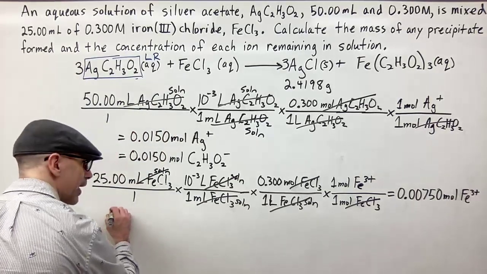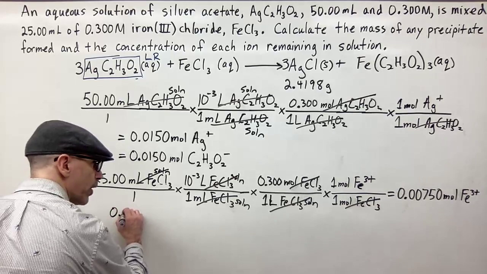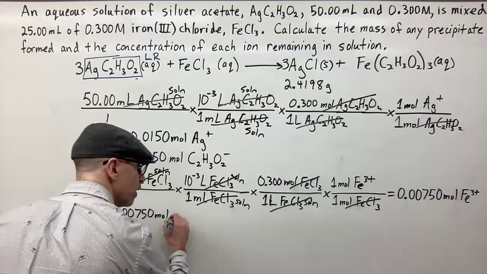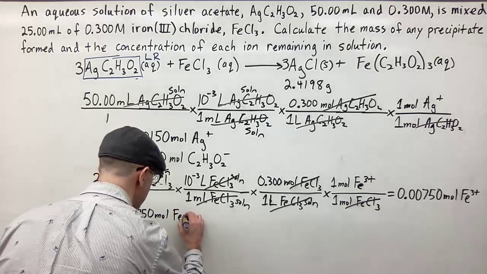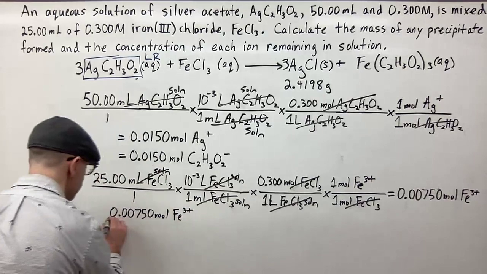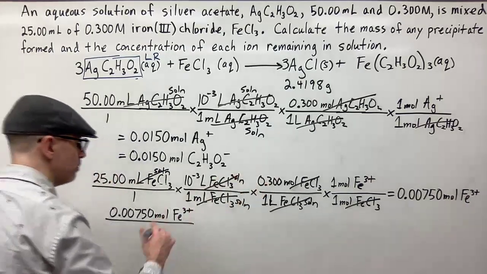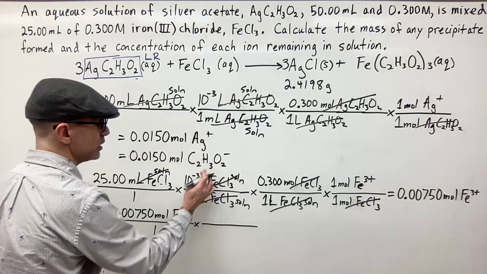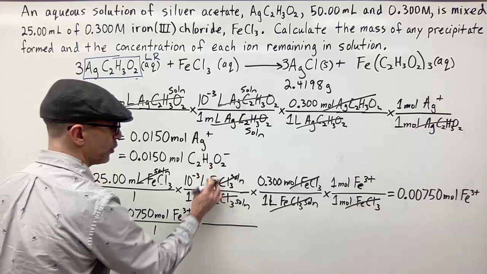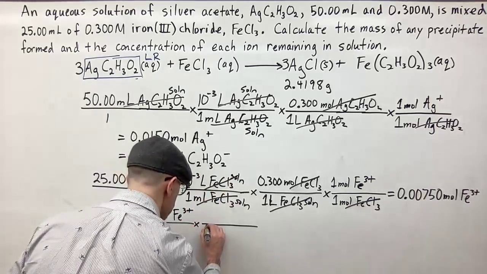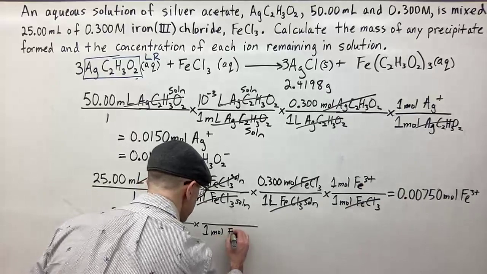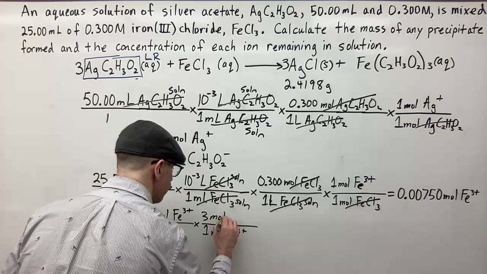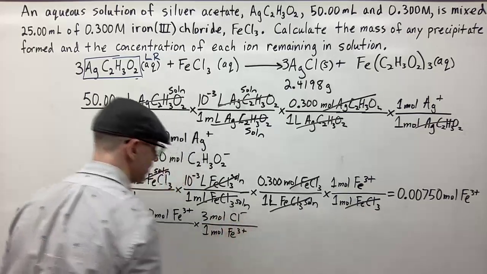So for the chloride ion, we could have 0.00750 moles of Fe3 plus over 1. And I can use the mole ratio in my equation of 1 iron ion for 3 chloride ions. So that means 1 mole of the iron 3 plus on the bottom, 3 moles of Cl minus on top.